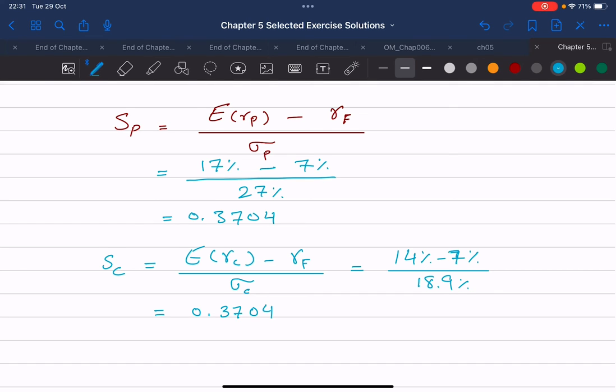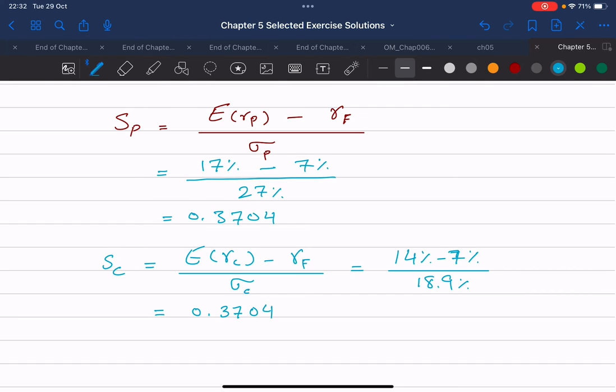So as you can see, coincidentally, the Sharpe ratio, or the reward to volatility ratio, is going to be identical for both scenarios, for our risky fund and for the investor's complete portfolio.